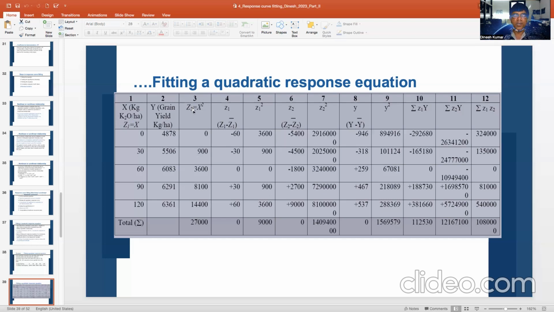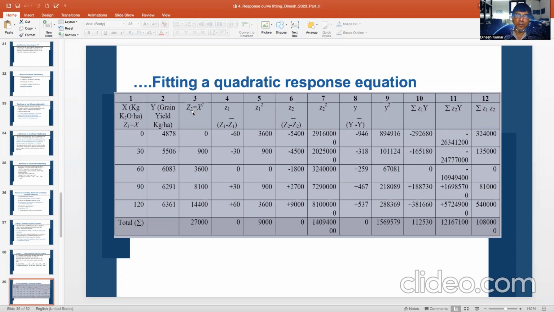For further details on how this transformation was done, I suggest you see the chapter by Gomez and Gomez on correlation and regression analysis. It is explained in detail how these variables were linearized. So here I am just teaching you how to do it actually.